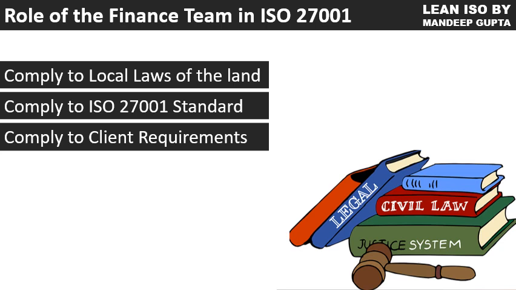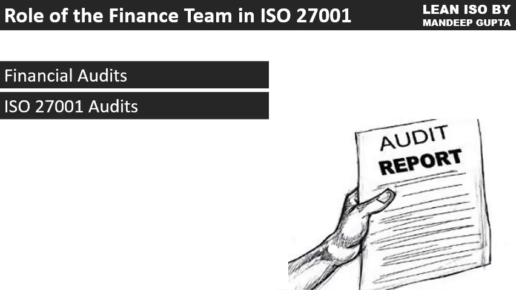Now let's move to the third point. There are two types of audits. One is financial audit and one is ISO 27001 audits. So they have to go through all the audits and they have to make sure they are following the guidelines. There are no major flaws in the audit. There are no major incidents which are happening in the audit. There are no major NCs in the audit.